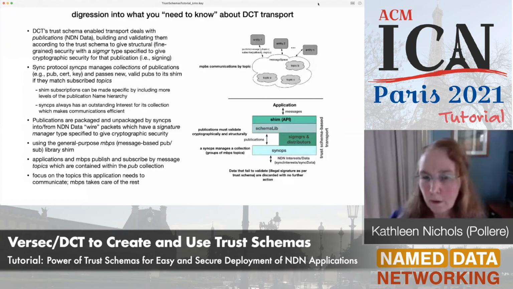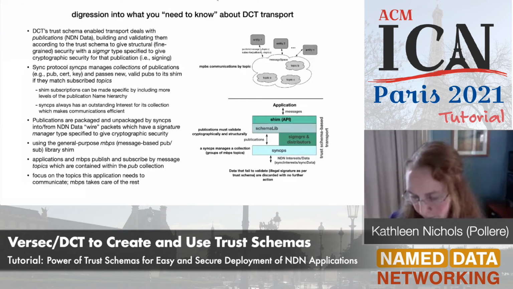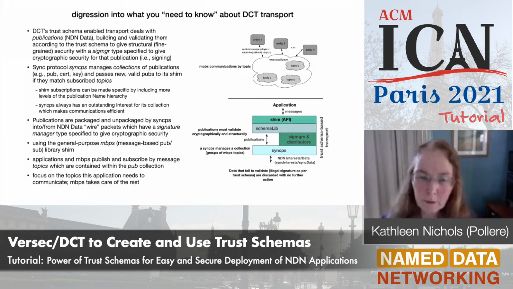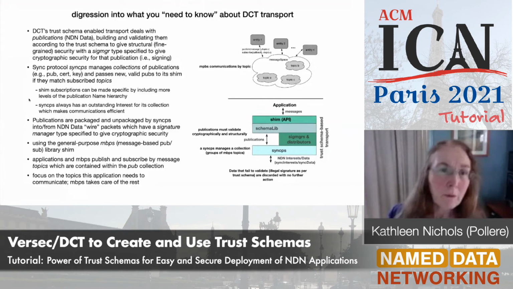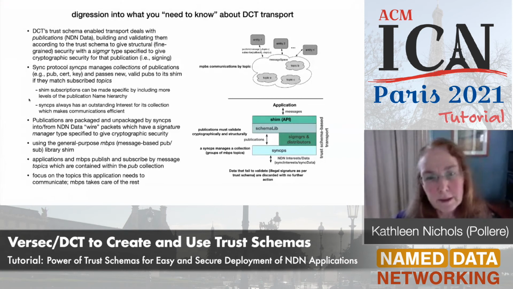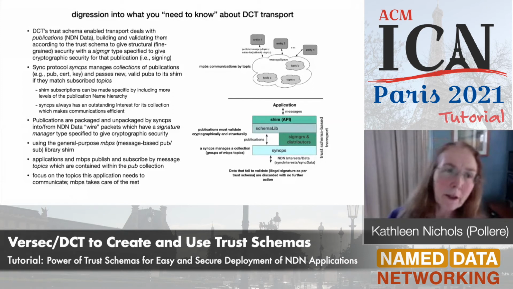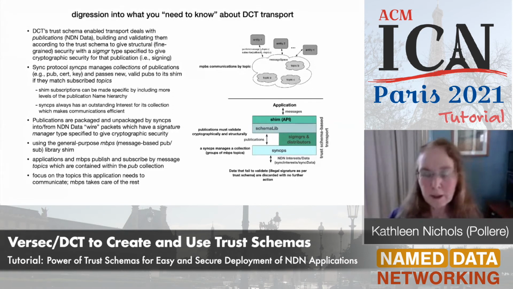This is all open source, so you could take pieces of it and put it together in ways to build your own style of transport. But anyway, I wanted to make it clear how I'm designating these different concepts. The DCT transport is always thinking about publications, and publications are NDN data.